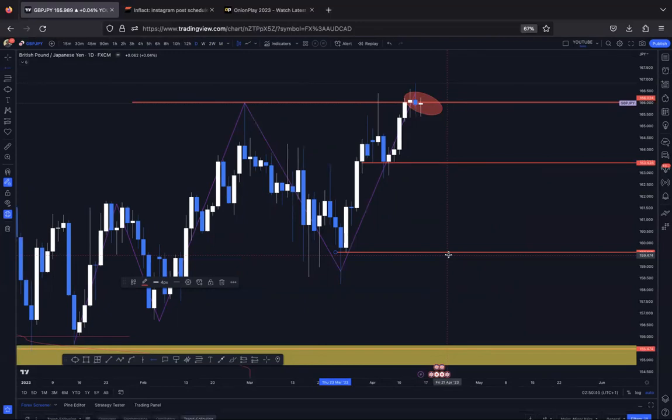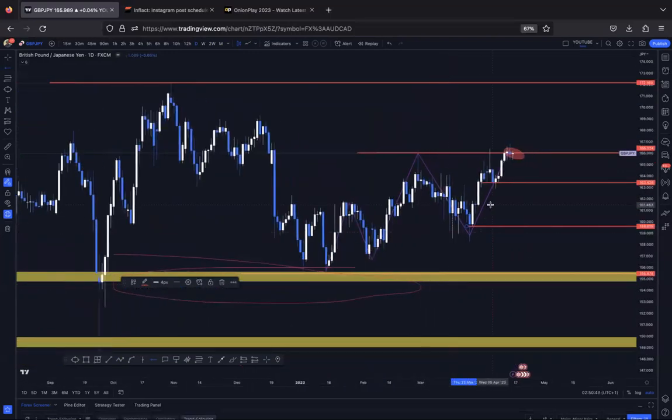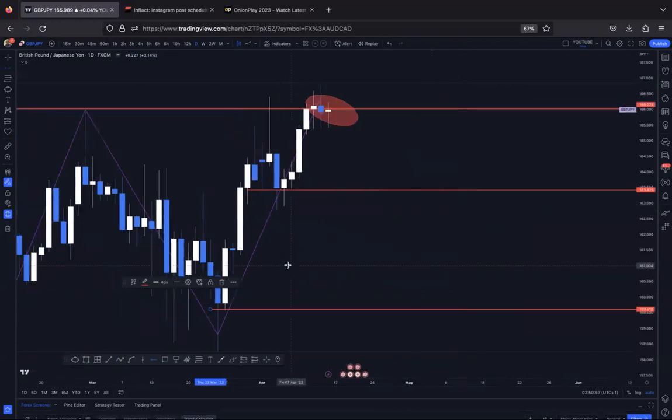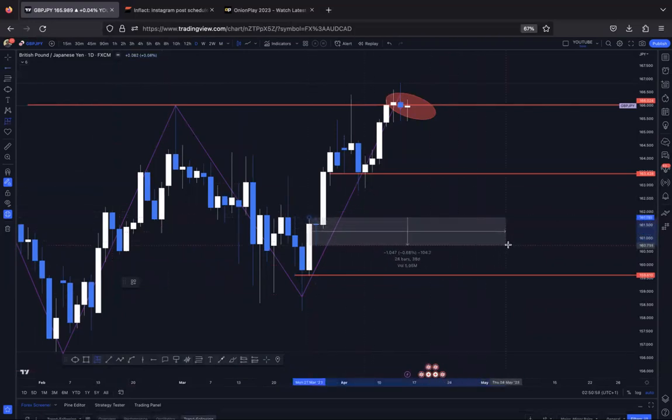I've not even talked about them. That's why I said right now we're only looking at breaking down the structure. And when we're actually looking to take trades, we would now use our demand and supply zone. So yeah, if you're looking to trade with the demand and supply zone, there's a demand zone here. If you see what I'm talking about.